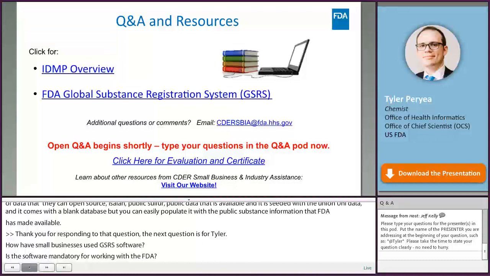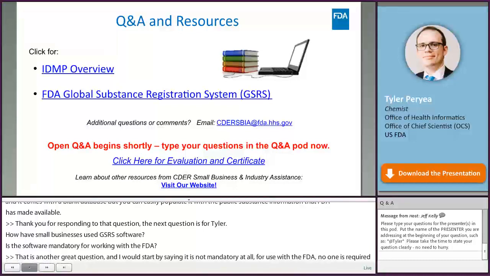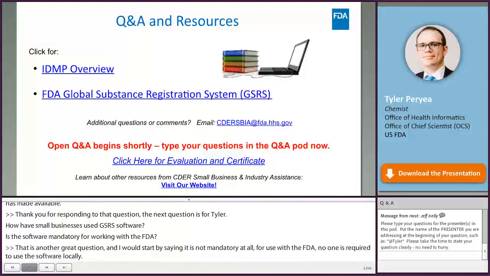What we would like to know more about is how small businesses and industry in general are using the software. We do know that some companies decide to use the GSRS software internally to help with their own substance registration.